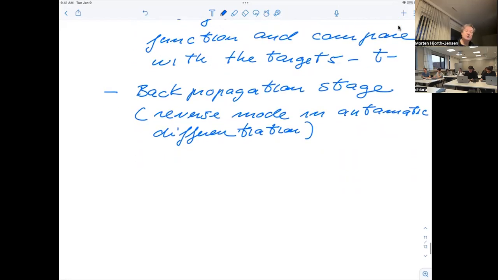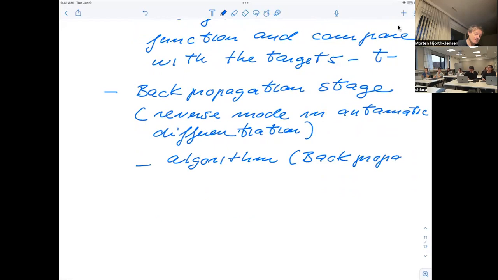So this gives an algorithm, the back propagation algorithm, to calculate gradients of the weights and the biases.